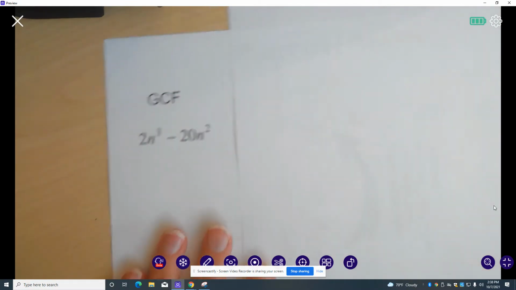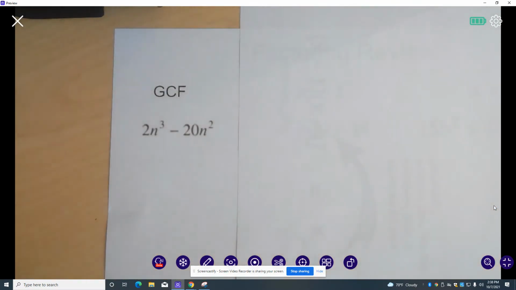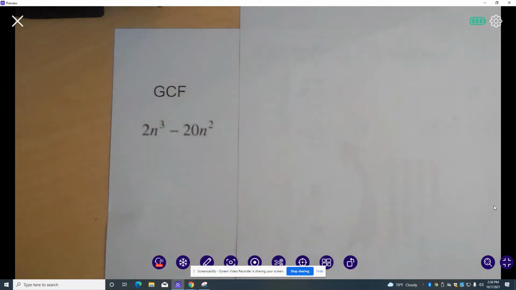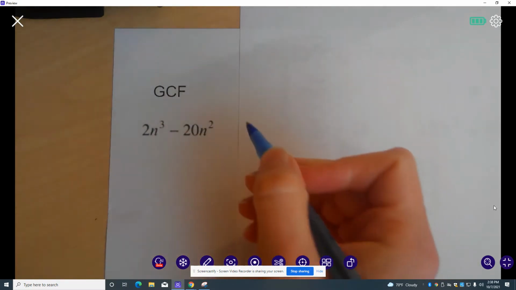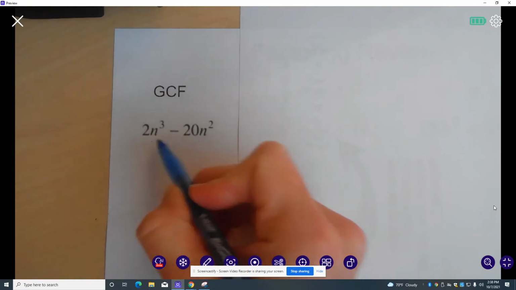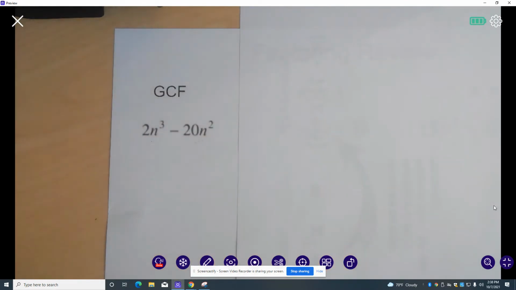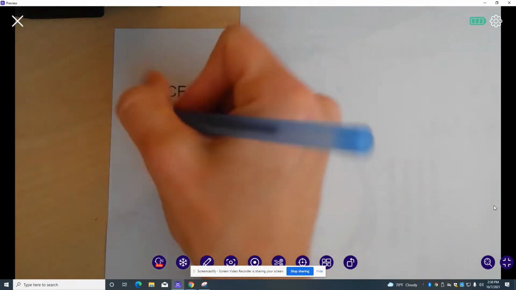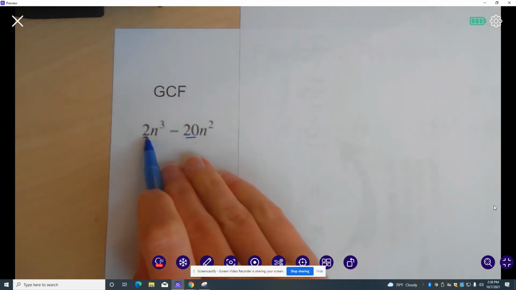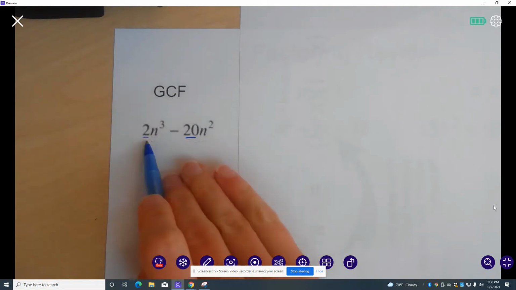First, you learned how to factor by looking for a greatest common factor, or the GCF. Remember, the greatest common factor is the largest factor that both of these terms have in common. So the first thing I do is look at the numbers here. I'm asking myself, what's the greatest common factor of 2 and 20?